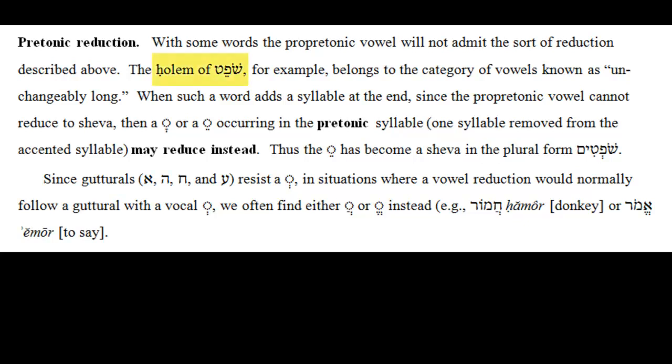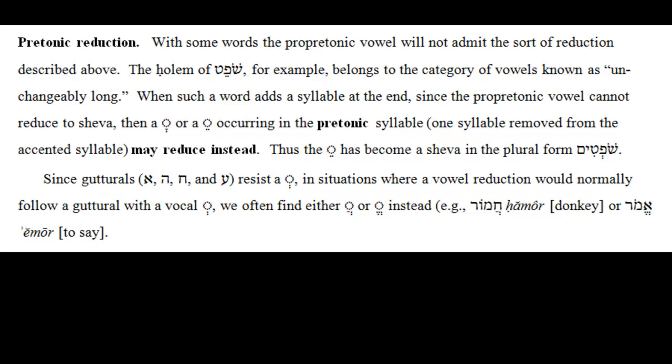One example is the cholam vowel in shofet, shofet. The cholam belongs to a type of vowel which has earned the title unchangeably long, that is, it will not change or reduce. In a sense, it's locked in its length. It will not become a shava.